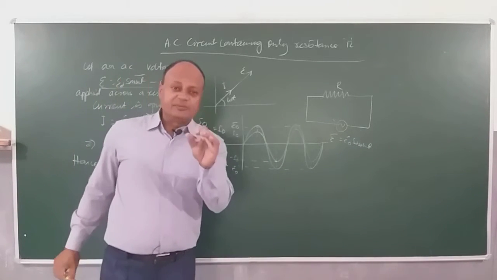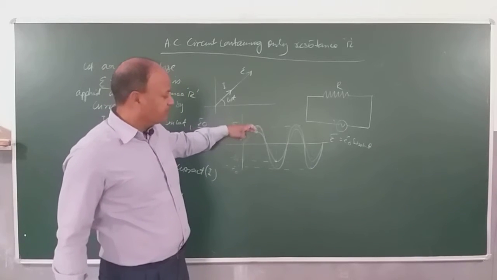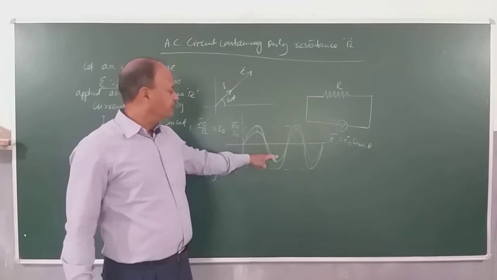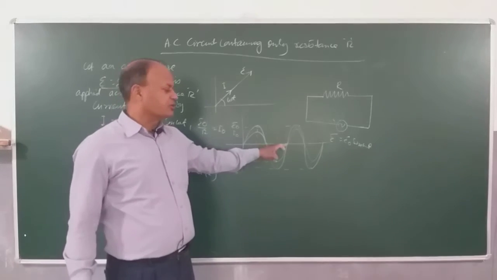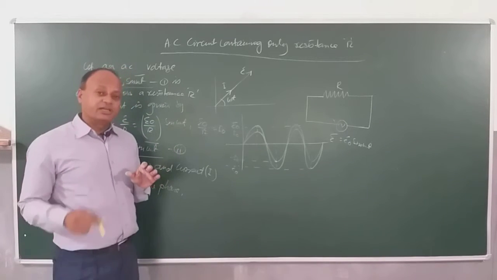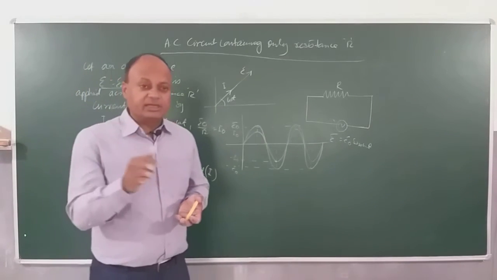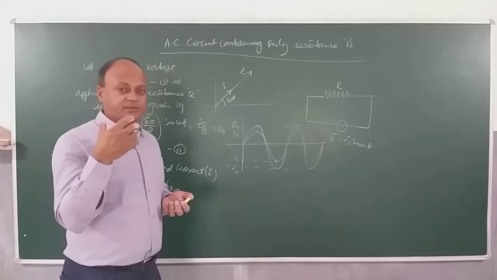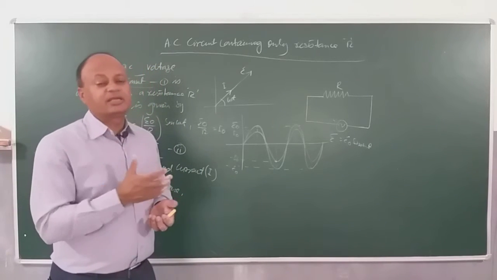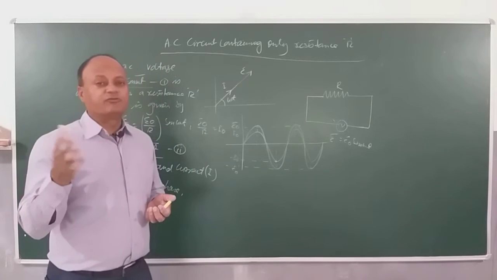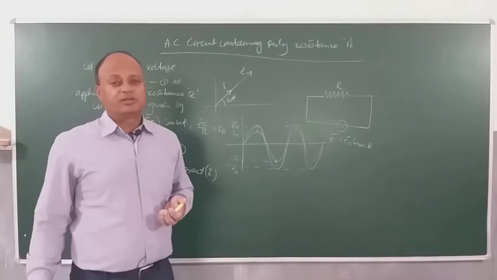Being in the same phase means you can see when the voltage is maximum, current is maximum. When voltage is zero, current is also zero. So they are in the same phase. So we conclude a very interesting result here, that in a purely resistive circuit, if an AC is applied, then it behaves like a DC circuit, in the sense that current and voltage are in the same phase.